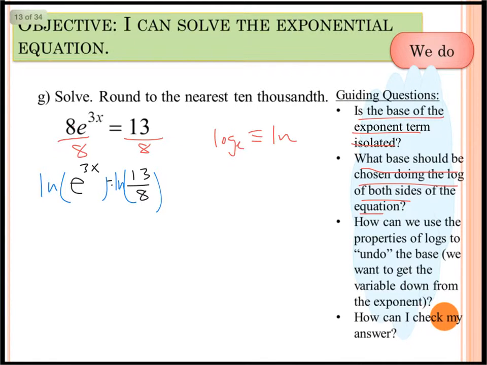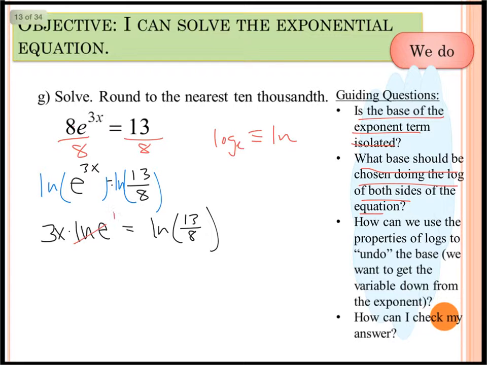I'm going to use our properties of exponents rule for logs that we talked about a few days ago, and write the exponent in front of the log, which I'm allowed to do. Let's see, on the right hand side I get ln of 13/8.